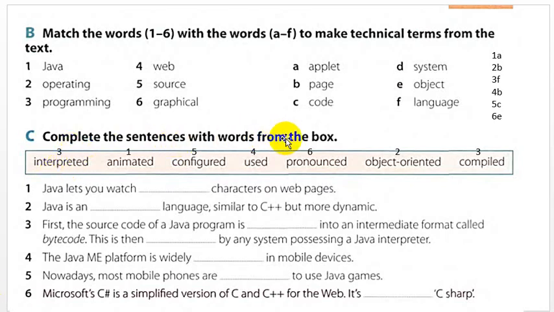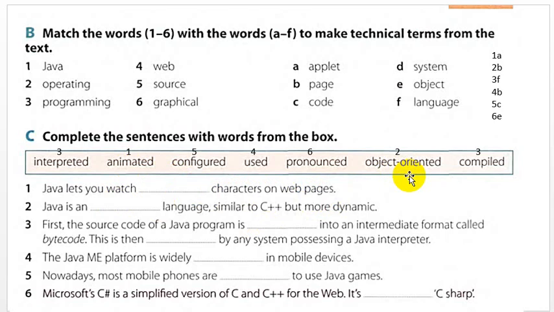Complete the sentences with words from the box. It is already done. Number 1 is animated. Java lets you watch animated characters on web pages. Java is a language. What kind of language? It is an object-oriented language similar to C++ but more dynamic.